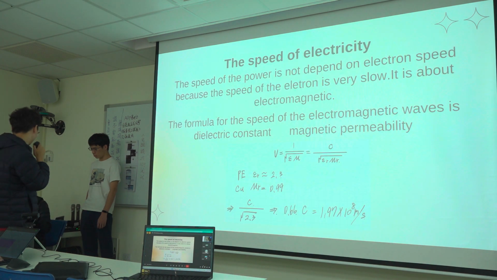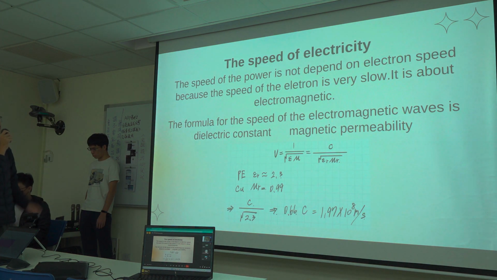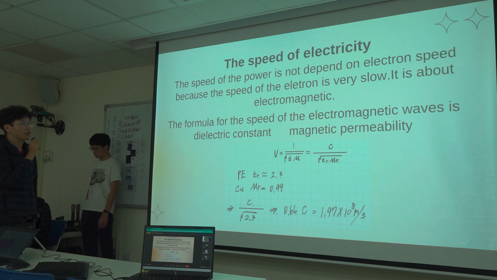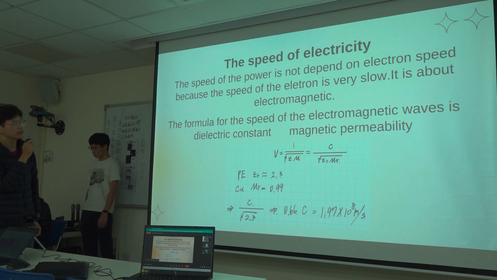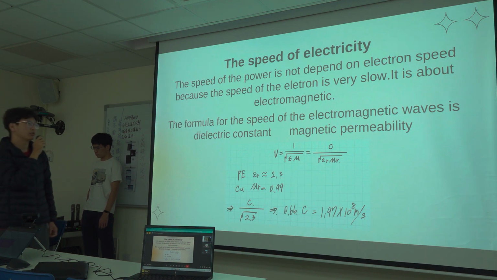Yeah. Okay. And then I will calculate the speed of electricity. The speed of the power does not depend on the electron speed, but depends on the speed of the electromagnetic wave, because the speed of the electron is very slow.